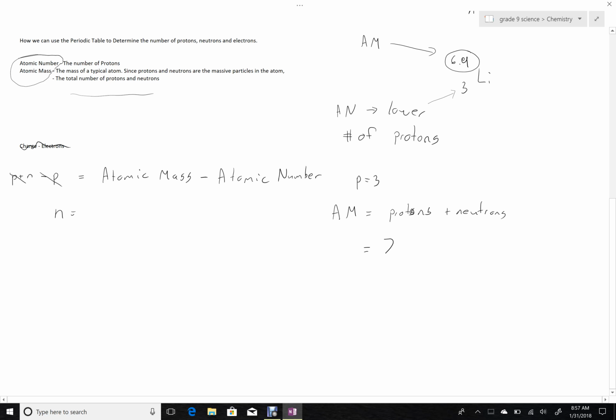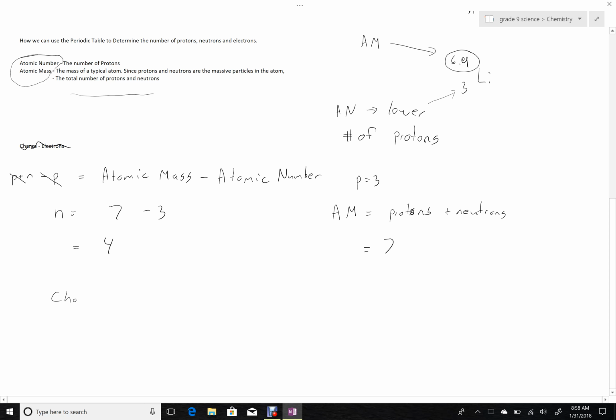So here I have an atomic mass of 7, an atomic number of 3, which will leave me with 4 neutrons left over. So those are what those numbers mean and how we can use them to get protons and neutrons.